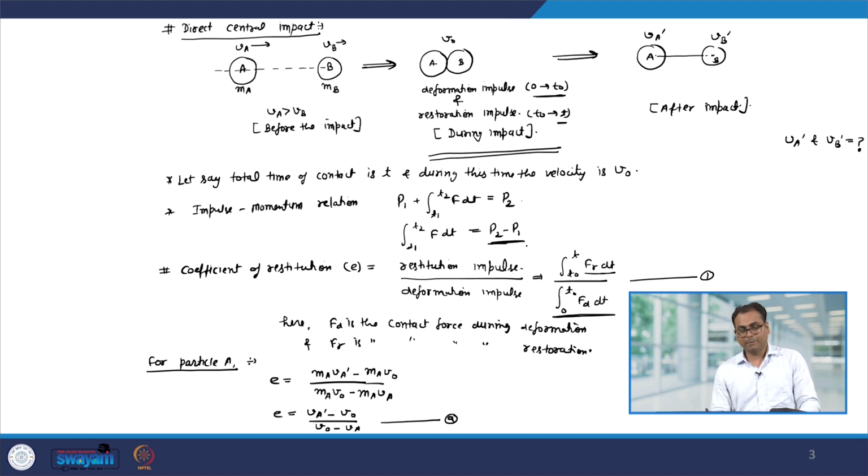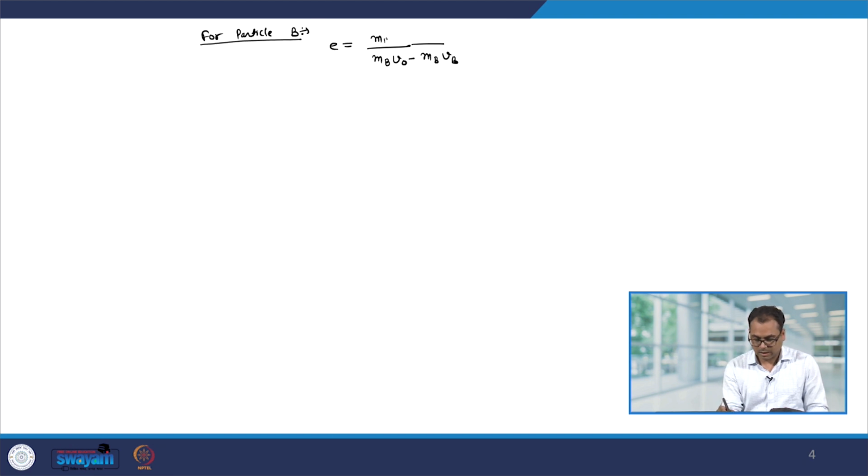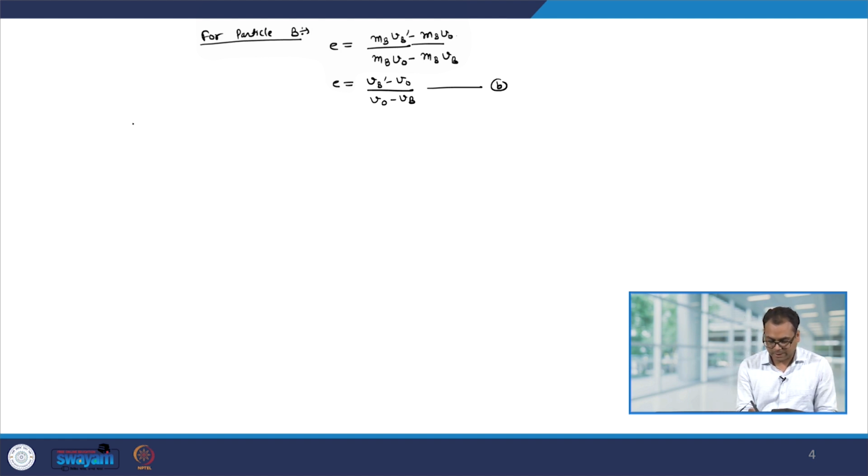So, F_r dt will be again P2 minus P1, and P2 is the momentum after the restoration has happened. So, that is m_B V_B' minus m_B V_0. Again the m_B will get cancelled and we have E equal to (V_B' minus V_0) over (V_0 minus V_B). Let us call it equation number B, and remember our equation number A was E equal to (V_A' minus V_0) over (V_0 minus V_A). This was our equation number A.